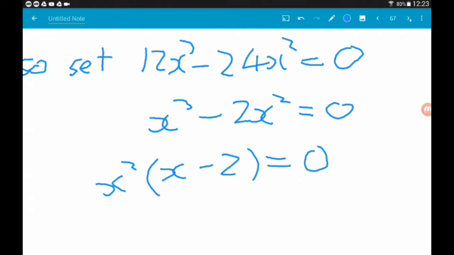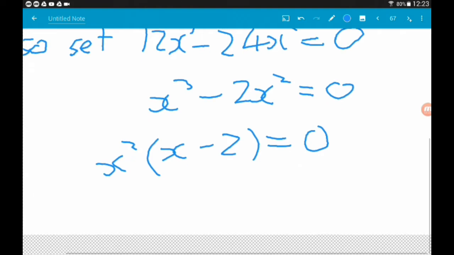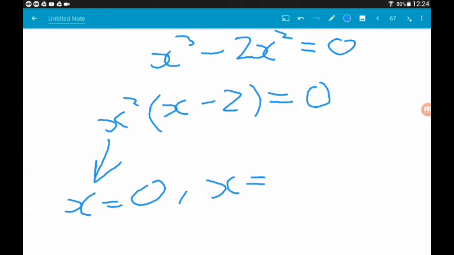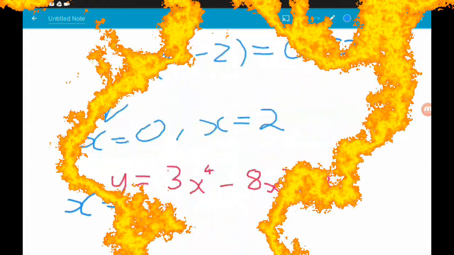Okay, so now that we've factorized, we set each factor equal to 0 and then solve. So the x squared outside the brackets would tell us x is equal to 0, or the factor x minus 2 being equal to 0 would tell us x is equal to positive 2.